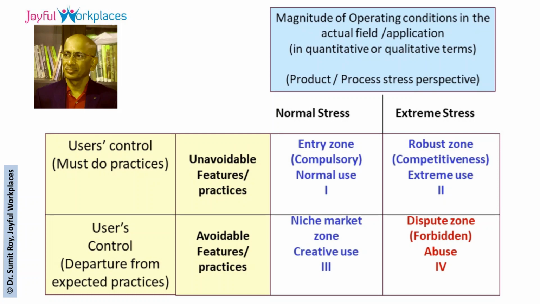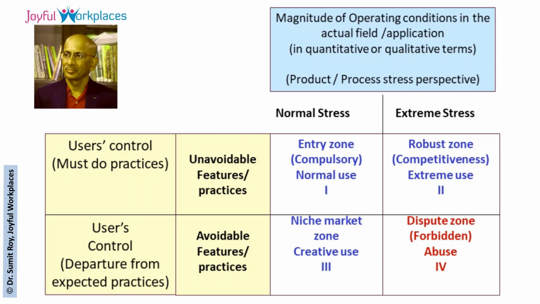On this side, we can see that there are two cells. Both cells have been plotted from the angle of the features and practices adopted by the customer.